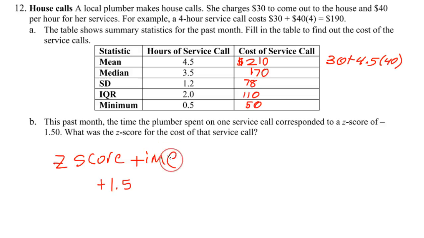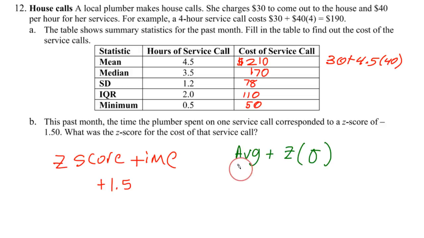Well, let's see. The time at 1.5, well, I know a z-score means that I can start at the average and then add whatever the z-score is times the standard deviation, because the z-score is counting how many standard deviations you are away from the average.